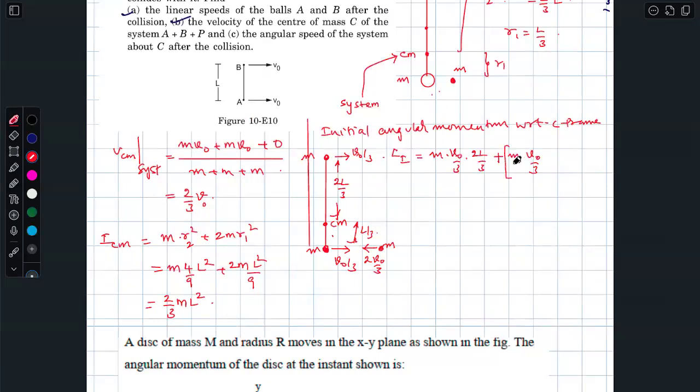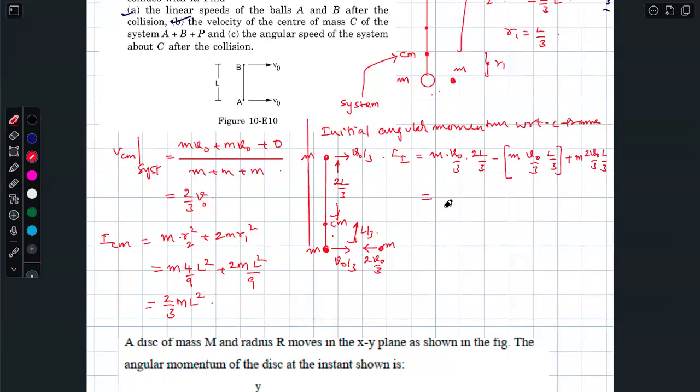One minute. I need to write this minus mv naught by 3 L by 3. But plus m 2v naught by 3 L by 3. Overall, what is the angular momentum of the system?